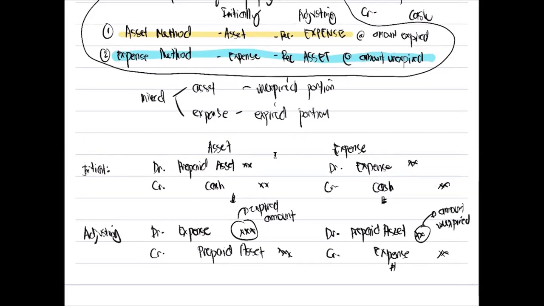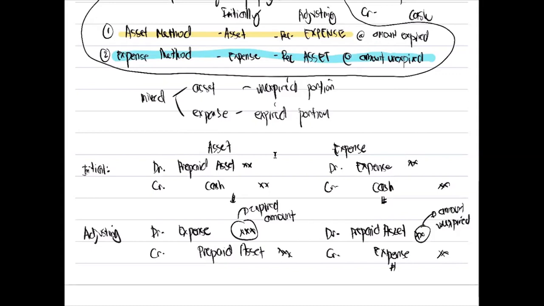So again, what is a prepayment? A prepayment is an expense or cost that expires either through passage of time or through use. So when you say passage of time, over time, you expire a portion. While through use, an amount is only expired once it is used. And there are two methods in recording your prepayment. You have your asset method and your expense method.